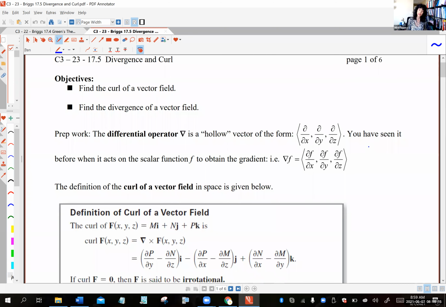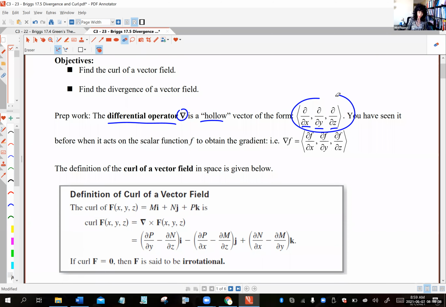So some preparation work first. This differential operator, which looks like an upside down triangle, and you've seen it before when we use the notation for gradients, you can think of as being a vector. Think of it as a hollow vector that just has d/dx, d/dy, and d/dz in it. How does that work?